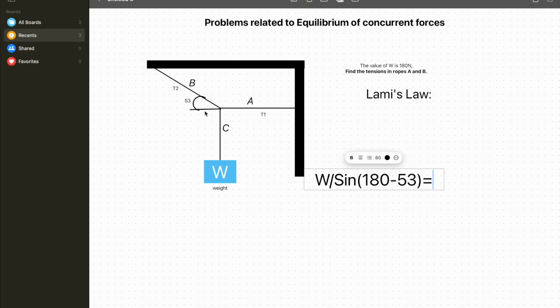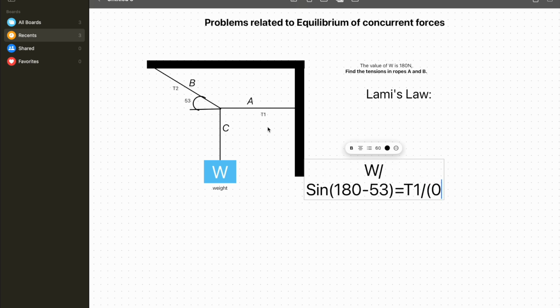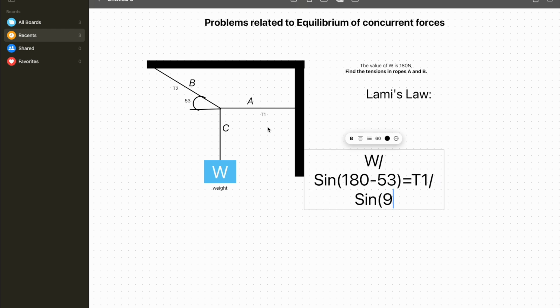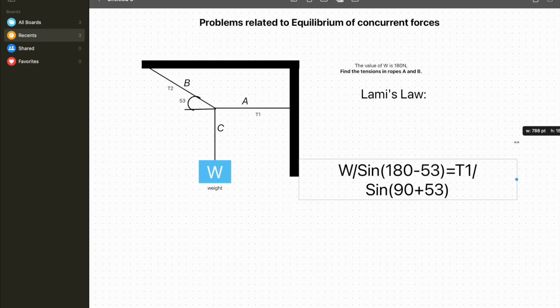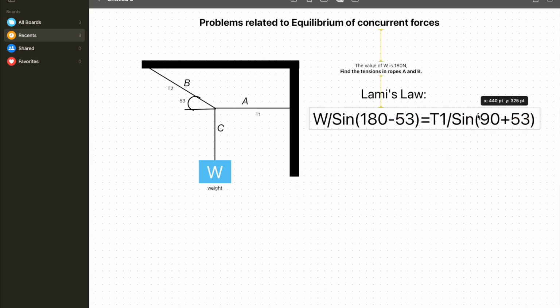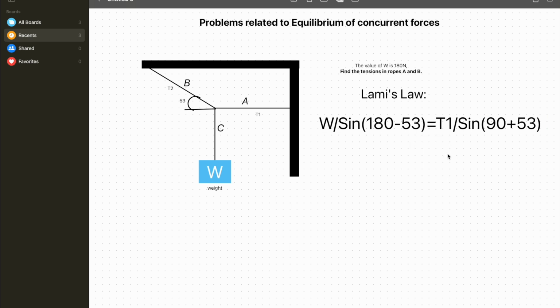So T1 by sine of 90 plus 53. That is the main formula. No, that's not the structural formula, actually it's the derived formula.